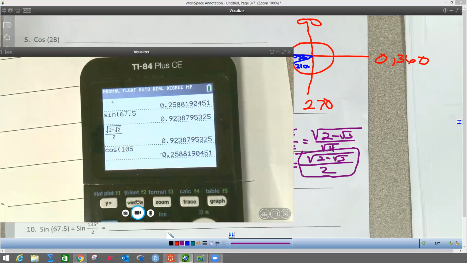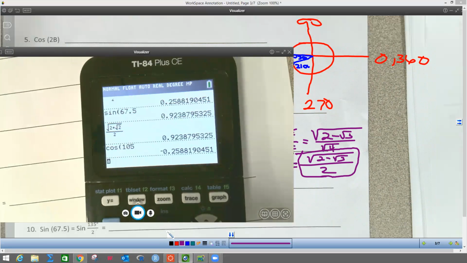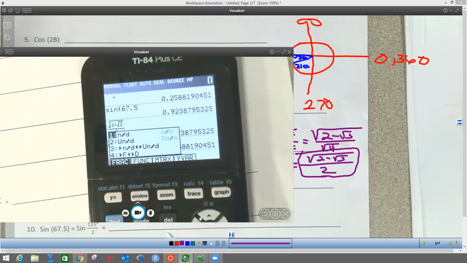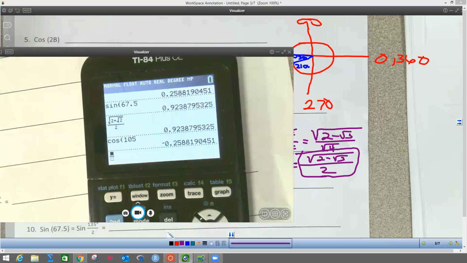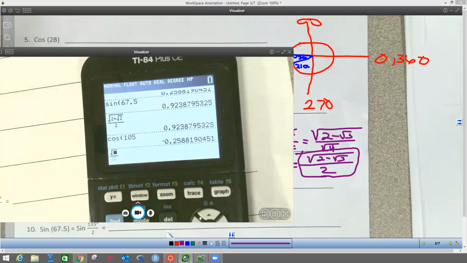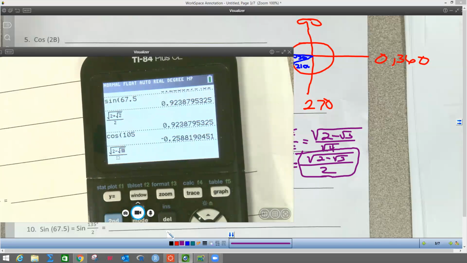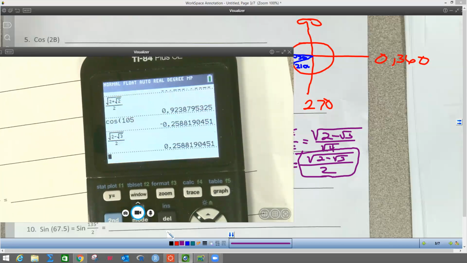So I'm going to hit alpha y equals 1 to get a fraction bar. Then in the top, I'm going to hit second square root, and I put 2 minus, and then second square root again, 2 minus radical 3, and then I'm going to arrow down to there and put a 2 in and hit enter.